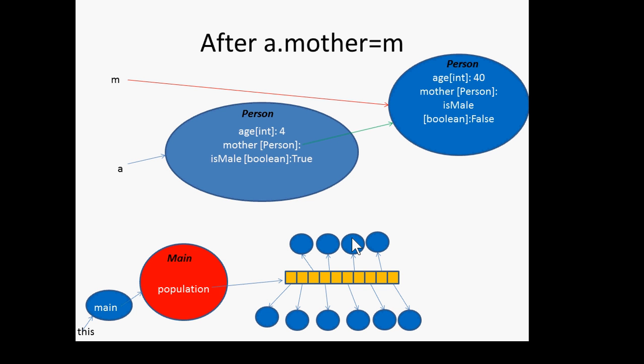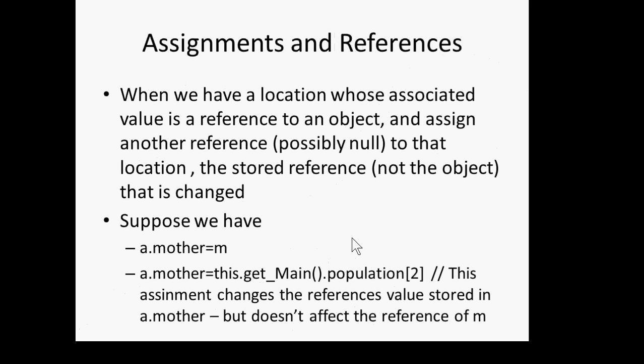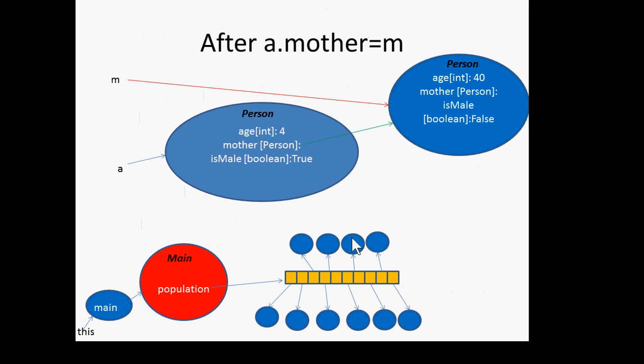Okay, let's have some suspense, though. So what's going to happen if we say this thing? If we say a.mother equals this.getMain().population.get(2), what's going to happen here? How is the diagram going to change?